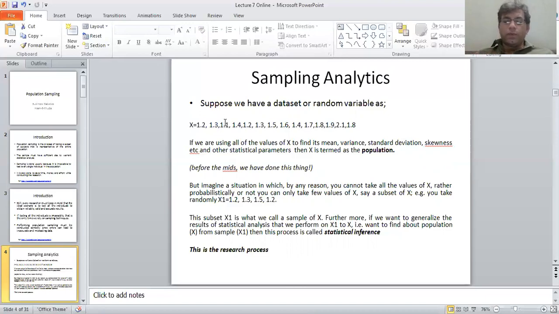This process of finding the statistical parameters of the population from the sample, or generalizing the results from the sample onto the population, is what we call statistical inference or inferential statistics. So this is the basic difference between descriptive statistics, or general statistics as we call it, and inferential statistics.